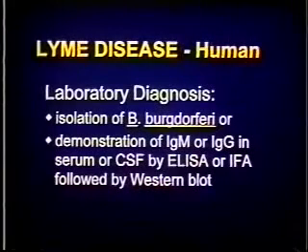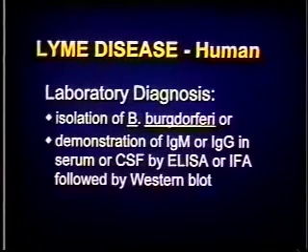The laboratory diagnosis of Lyme disease is somewhat complicated because of the sensitivity and lack of specificity of some of the tests, and that must be followed by a Western blot in order to confirm the diagnosis.